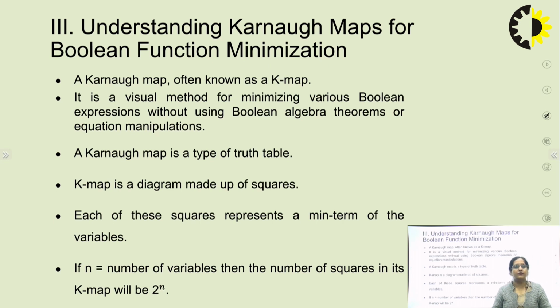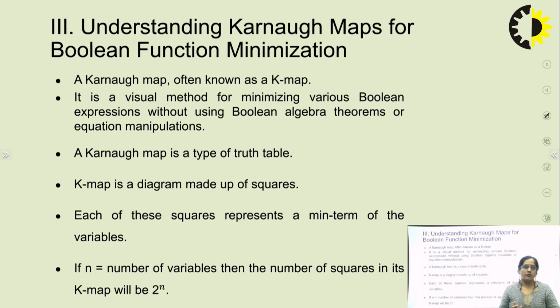Another method for minimizing is using Boolean algebra theorems, where we use De Morgan's theorem and different postulates to minimize the expression so that we have a cost-effective digital circuit. But in that case we have to remember all the properties and theorems related to the manipulation, and it takes time, or we can say it is a tedious task if the number of variables is more.